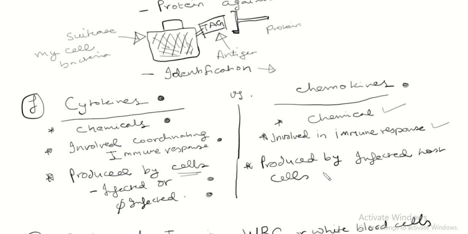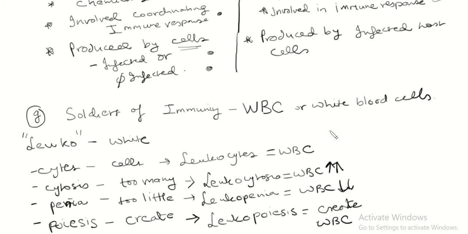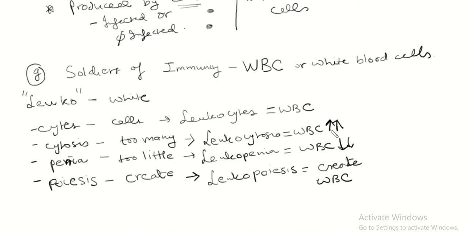That's the difference: cytokines are produced by cells, which can be healthy cells or infected cells. Chemokines are a subset of cytokines that are produced by infected cells.